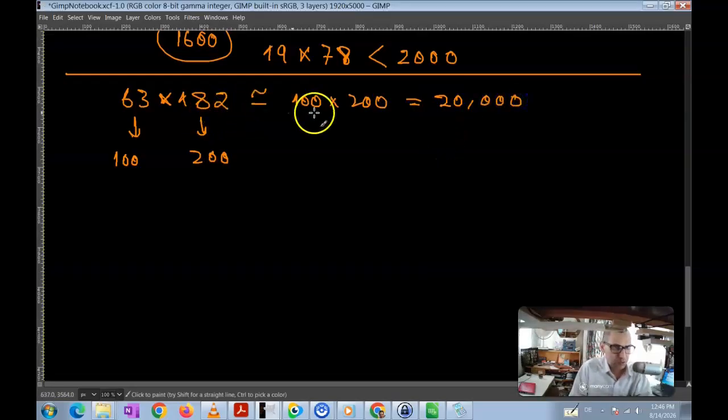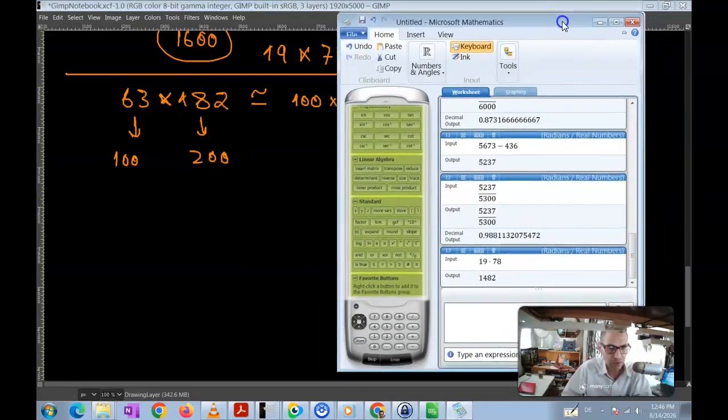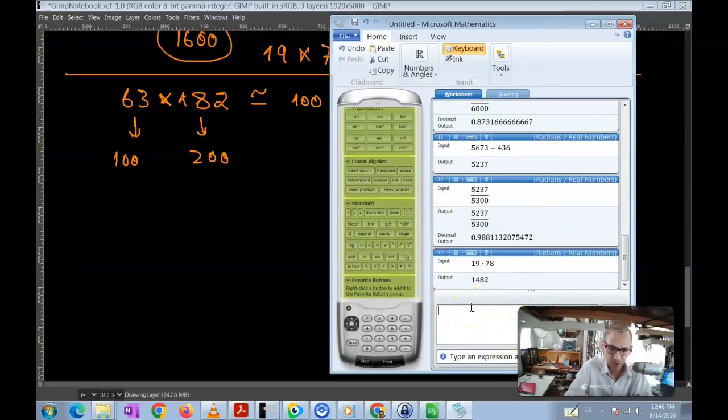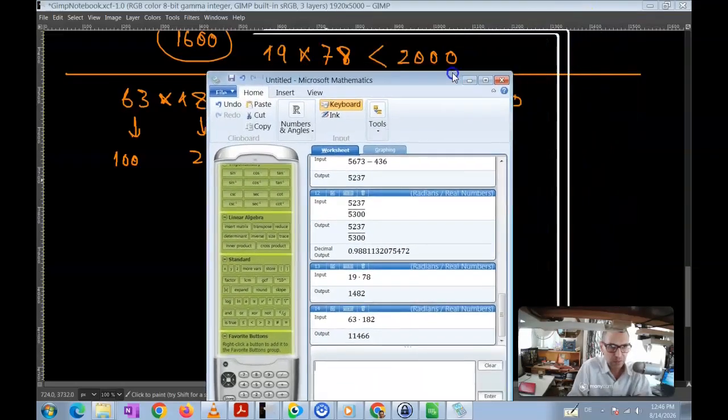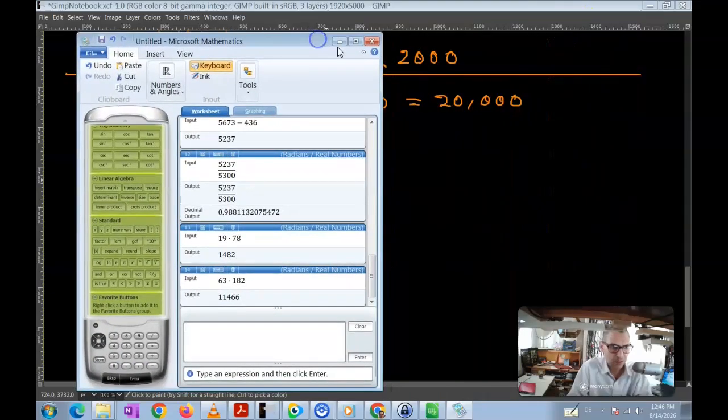Which must be very far off compared to the actual calculation that you would get if you actually did it, meaning that 63 times 182 actually is 11,466. So that's something like 11,466 divided by 20,000.